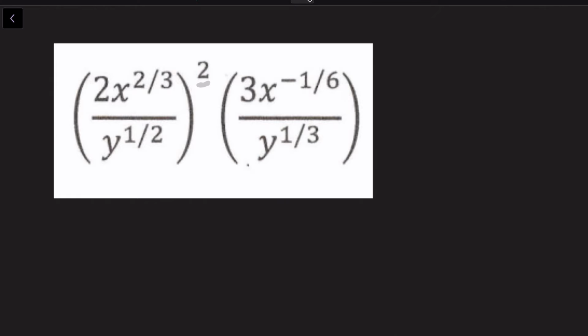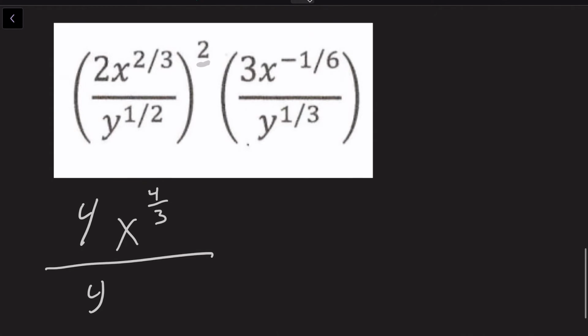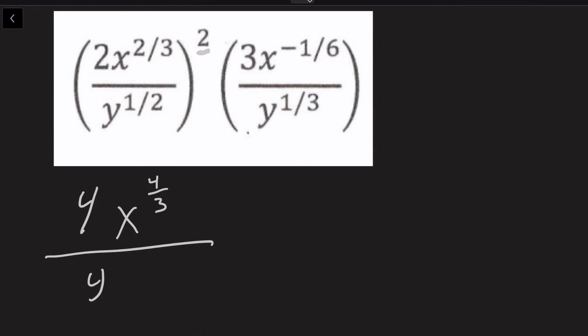So 2 squared is going to be 4. x to the 2/3, 2/3 times 2 gives us 4/3, over y to the 1/2 times 2. 1/2 times 2 is 2/2, which is just 1.